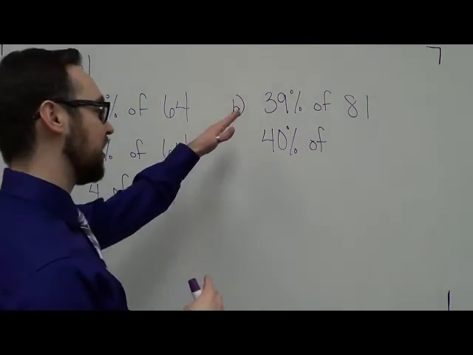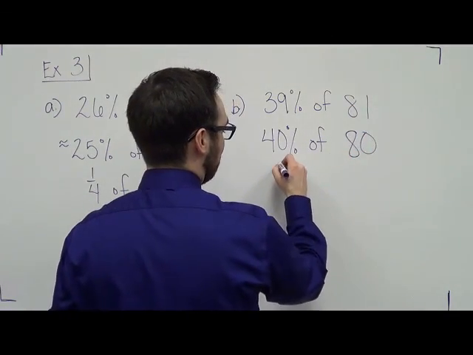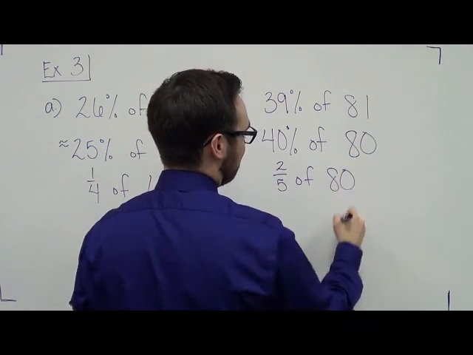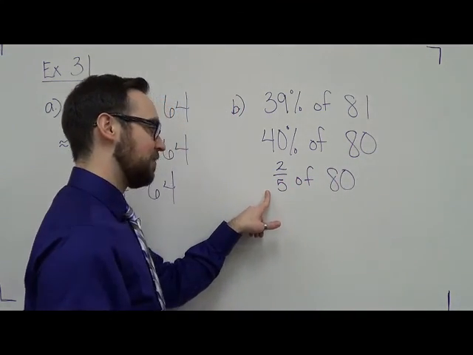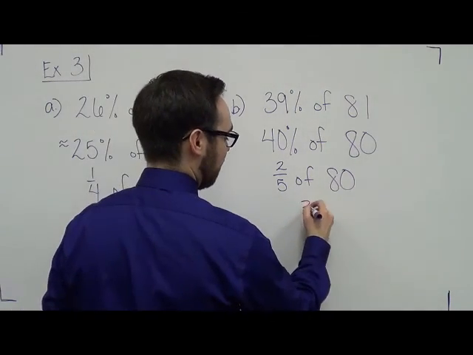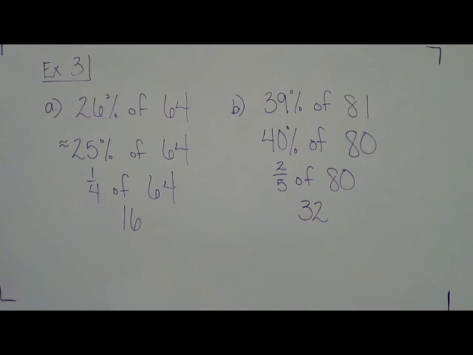So we can say 39 is close to 40 and 81 is close to 80. So let's take 2/5 of 80 instead. Well, 80 divided by 5 is going to get us 16 times 2 is going to get us 32. So 39% of 81 is about 40% of 80, which is approximately 32. So again, not exact, but really close to what we're actually looking for.